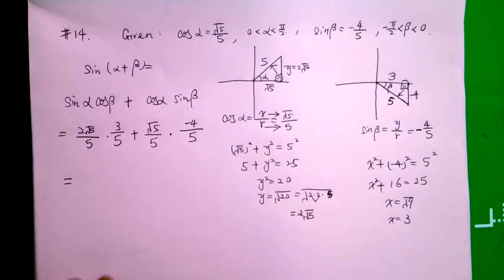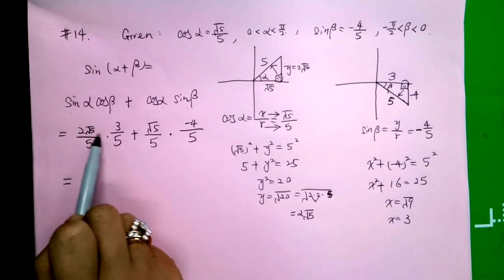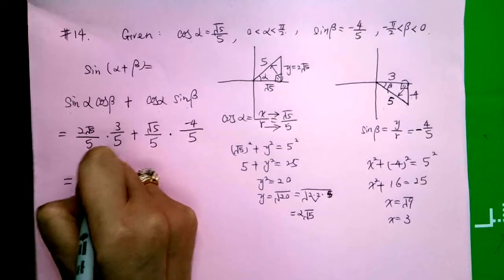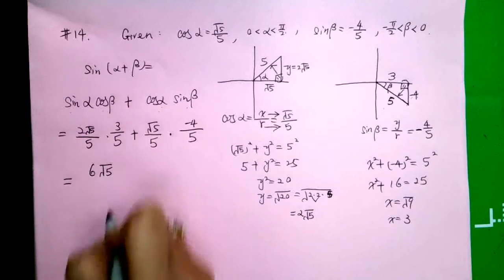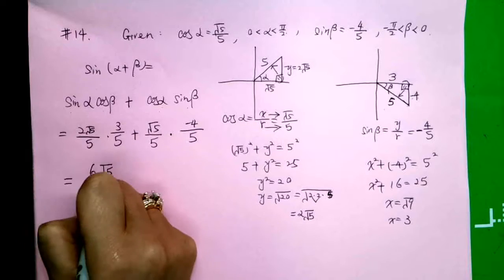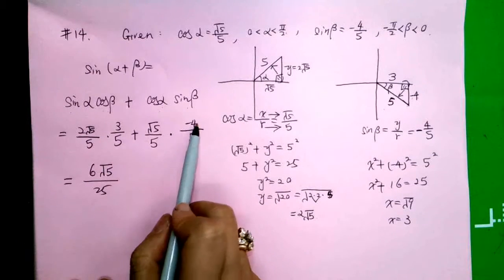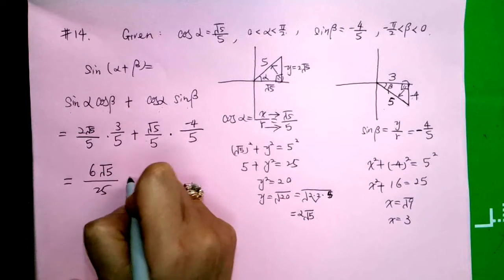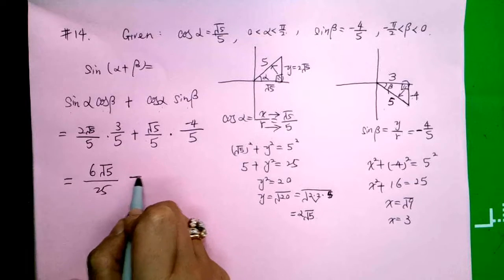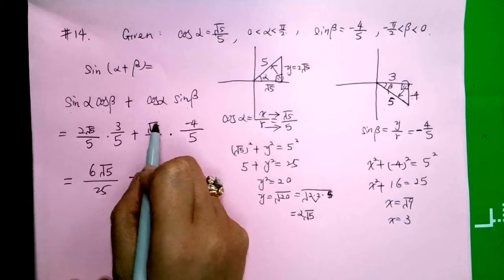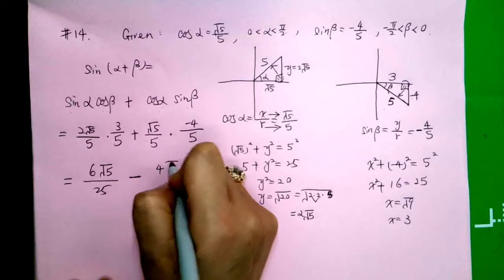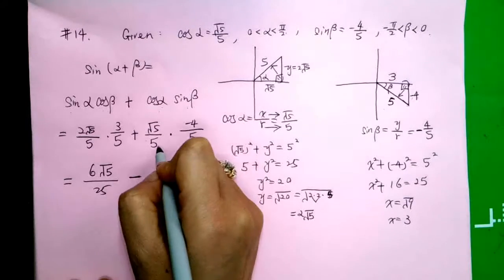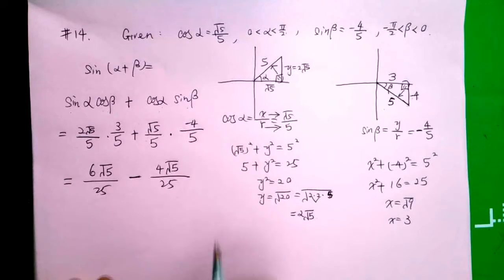All right, we just need to clean it up. 2 radical 5 times 3 is 6 radical 5. 5 times 5 is 25. Positive and negative multiply, you get a negative, so the plus sign is a minus sign now. And radical 5 times 4 is 4 radical 5. The denominator, 5 times 5, is 25.